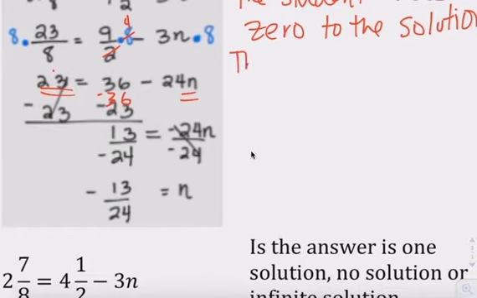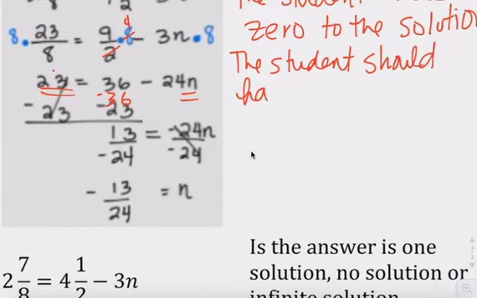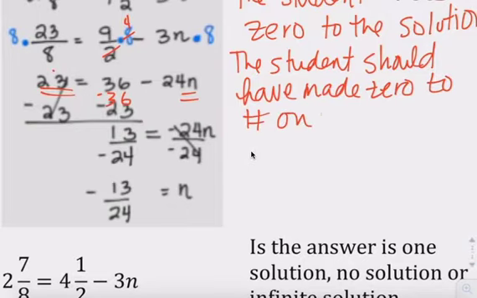The student should have made 0 to the number on the variable side.